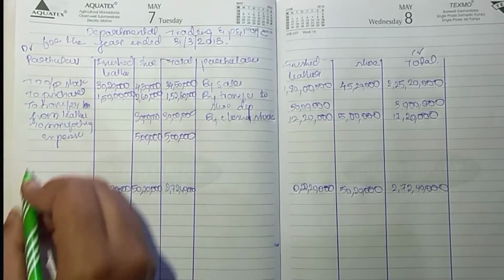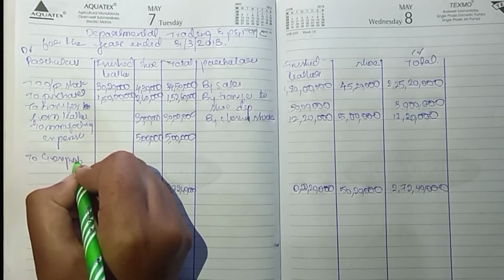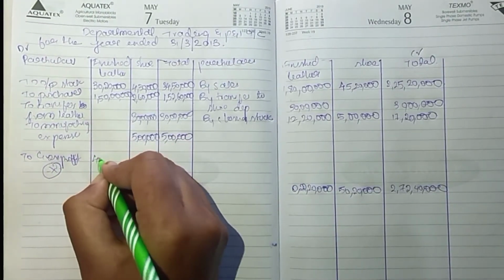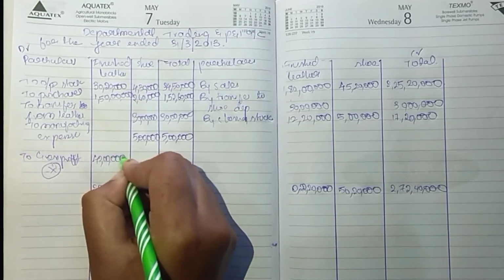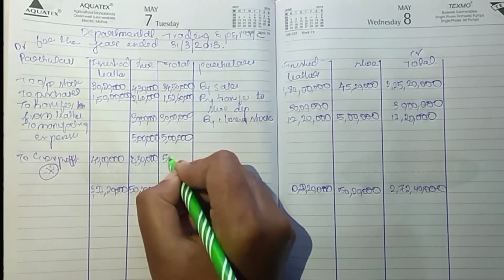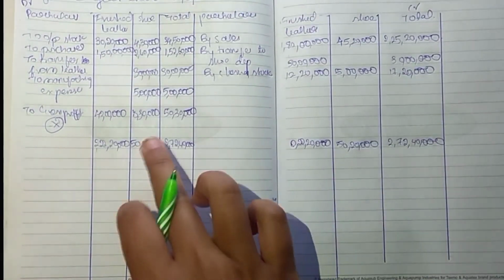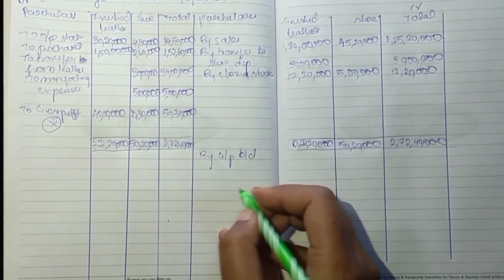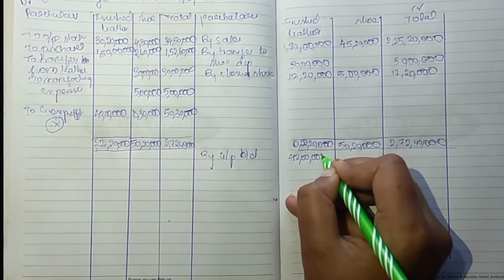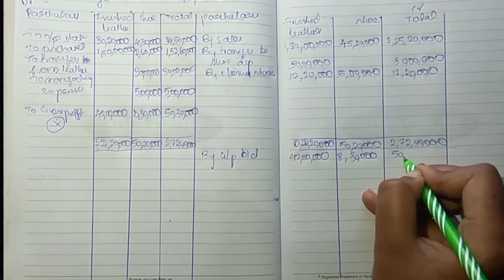Now we got the profit, to gross profit 42 lakhs, here 8 lakhs 30,000, total 50 lakhs 30,000. And get this here by gross profit brought down: 42 lakhs, 8 lakhs 30,000, 50 lakhs 30,000.